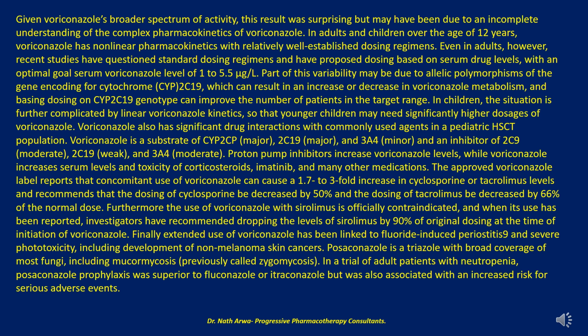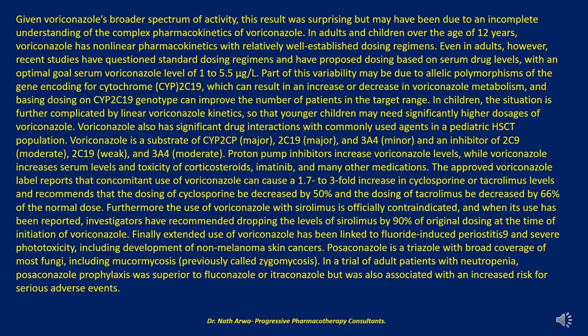Part of this variability may be due to allelic polymorphisms of the gene encoding for cytochrome CYP2C19, which can result in an increase or decrease in voriconazole metabolism, and basing dosing on CYP2C19 genotype can improve the number of patients in the target range.